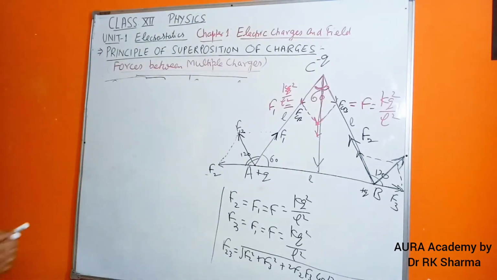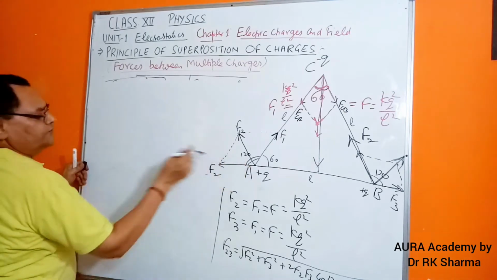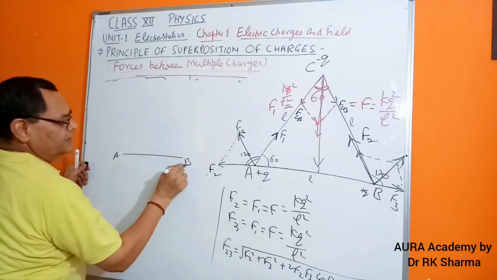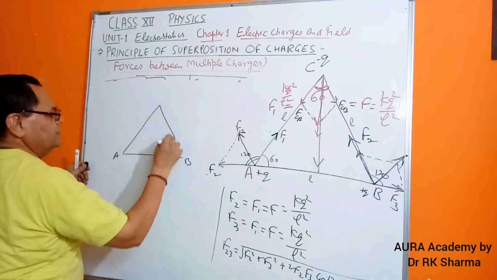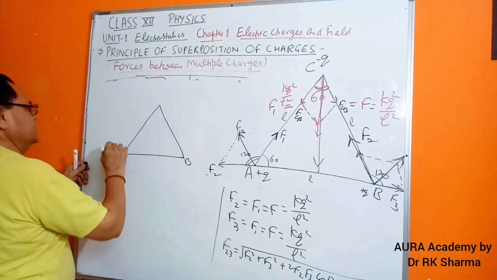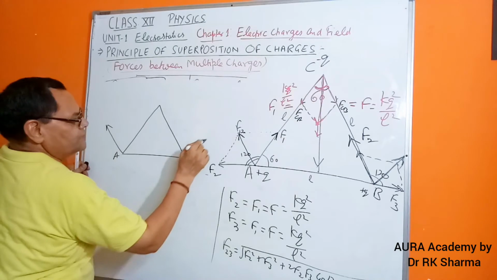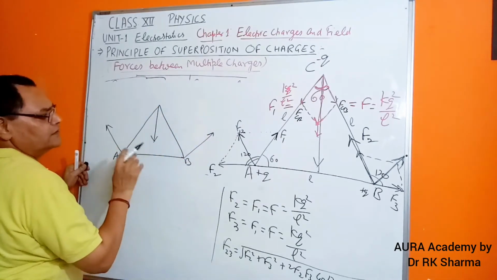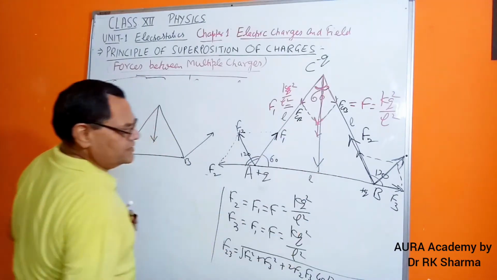So this is the extension of the question. I am redrawing it actually. This is A, B and C. Ultimately the net force was here, one force and one force was here, and the resultant of this acts downward. Fine. This is the final situation basically.